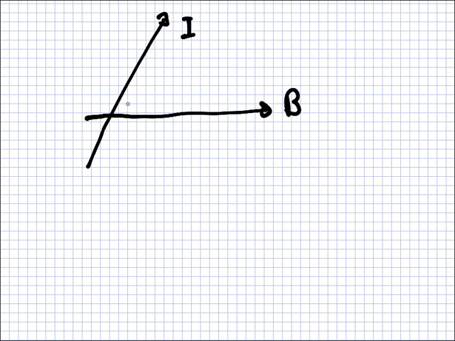So what about if we have this? There's B, there's I, but they're not perpendicular. There's a theta here. Do you know what I mean? They're not perpendicular. It's at an angle. Any ideas what to do?